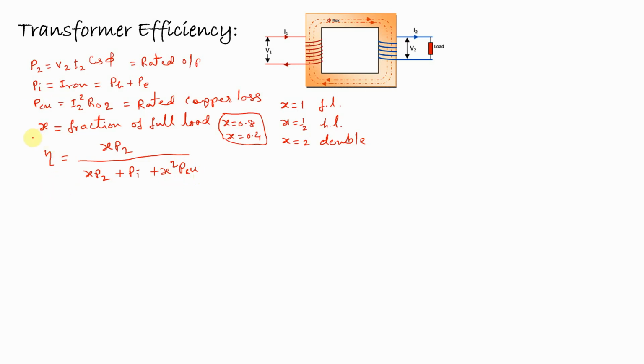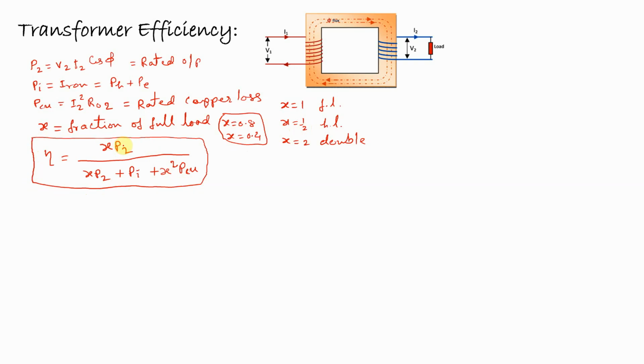So this is the general efficiency equation of a transformer, and we will use this formula to calculate the efficiency of the transformer at any load. Suppose you have to calculate the efficiency for full load, so we put X equal to 1. If we have to calculate the efficiency at half load, 50% load, we'll put X equal to 0.5.